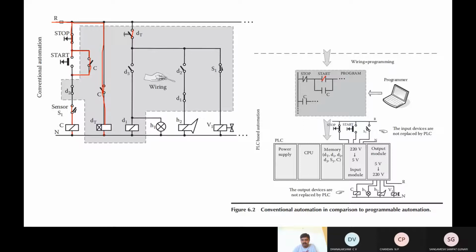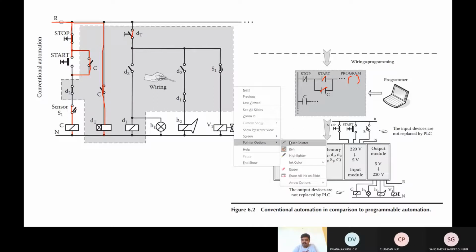When this is closed, power can move further and it will actuate a relay, or give the output. That will result in the closing of C. When C becomes a closed contact, even if you release the start button, power will be supplied in this path. Like that it will work.